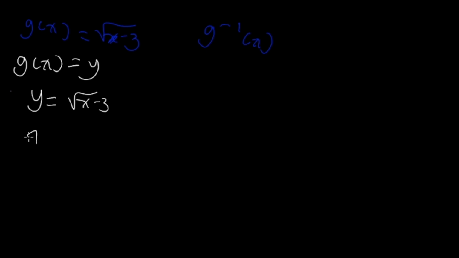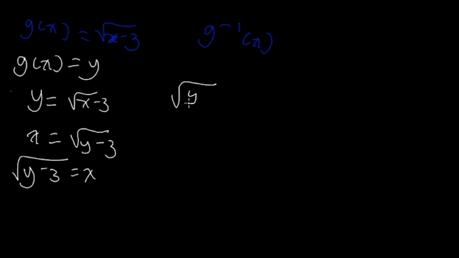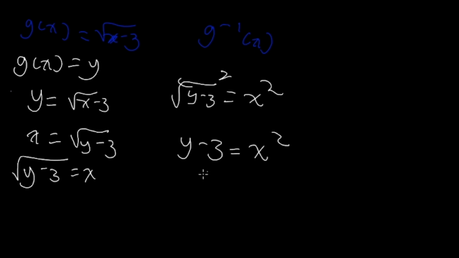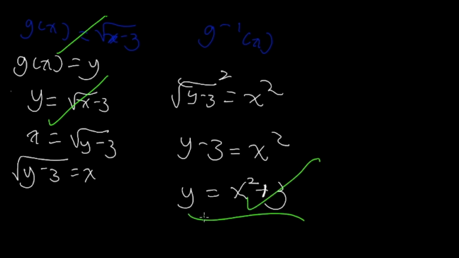Switch x and y. X is equivalent to the square root of y minus 3. Solve for y. Square both sides to cancel the square root. You get y minus 3 is equivalent to x squared, and so y is equivalent to x squared plus 3. That is our final answer.